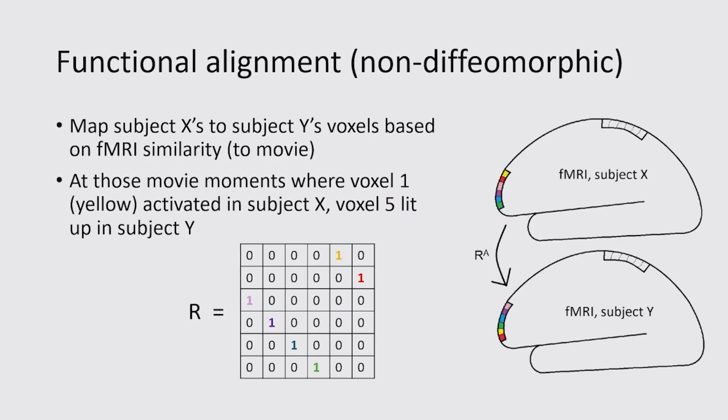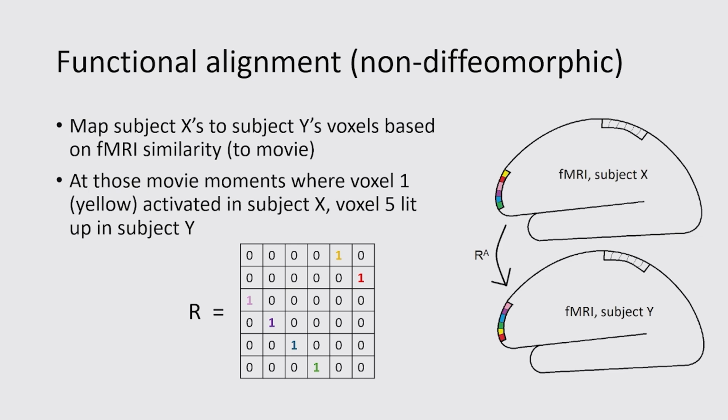But we now have reasonable evidence to say that this restriction might be too restrictive. So there was this method of hyperalignment or functional alignment pioneered by the lab of James Haxby and colleagues, which relaxes this assumption. And here we allow the mapping from one individual to another to be non-diffeomorphic.